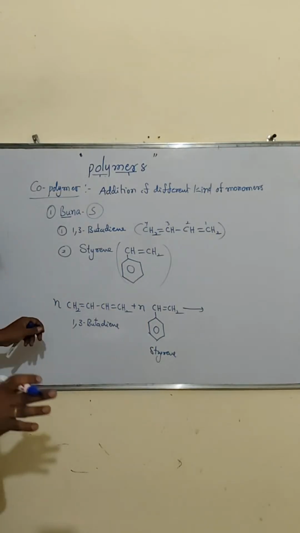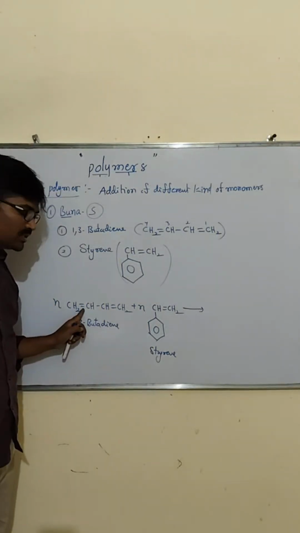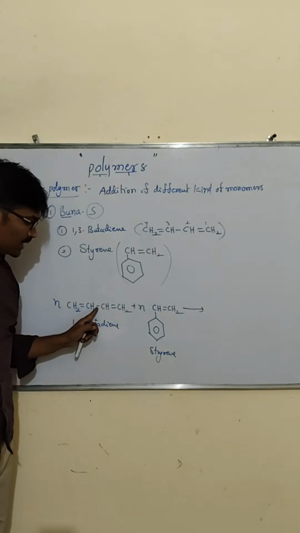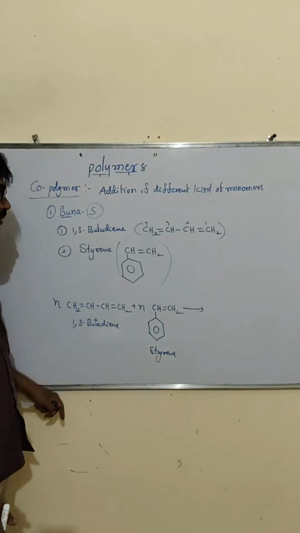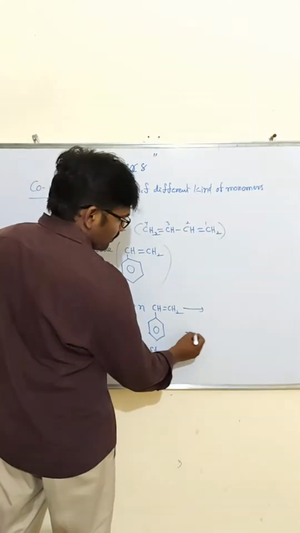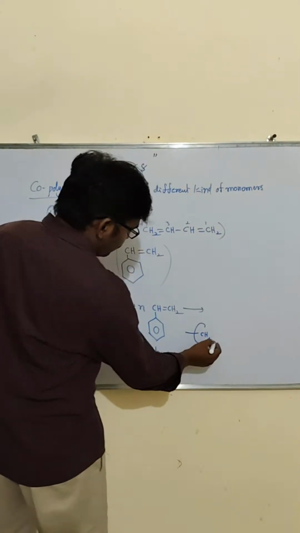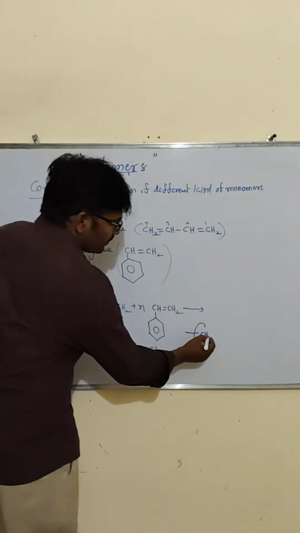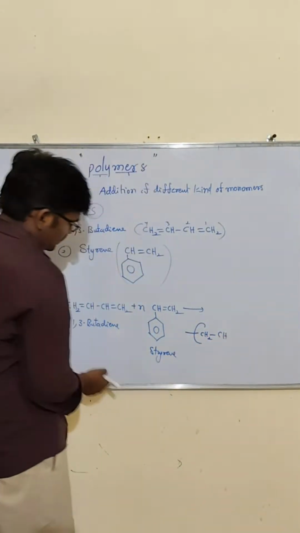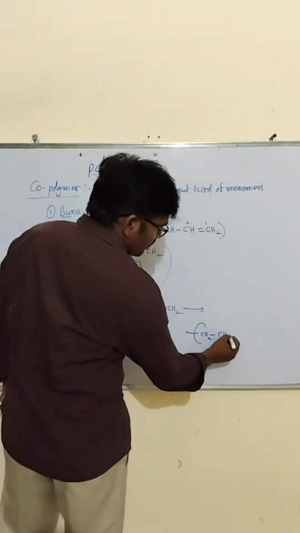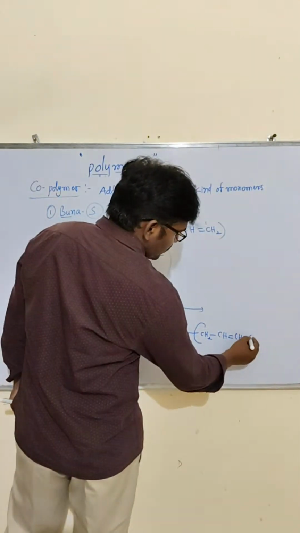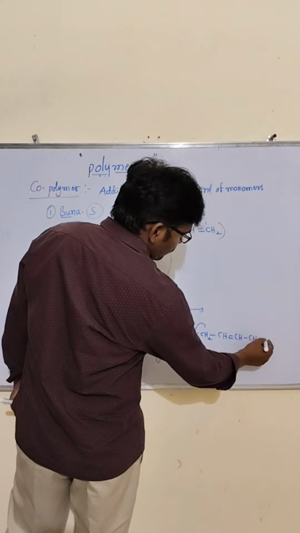Wherever a double bond is there, it becomes a single bond, and where a single bond is there, it becomes a double bond. So it is formed as -CH2-CH=CH-CH2-.